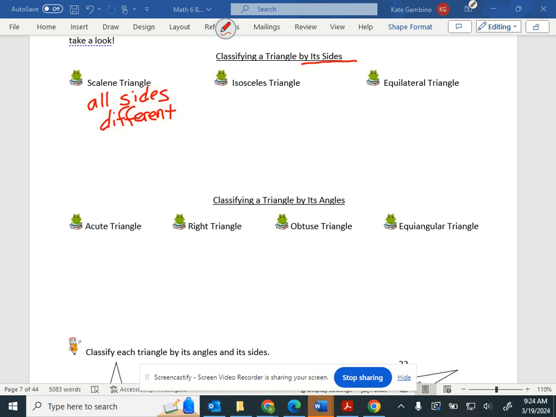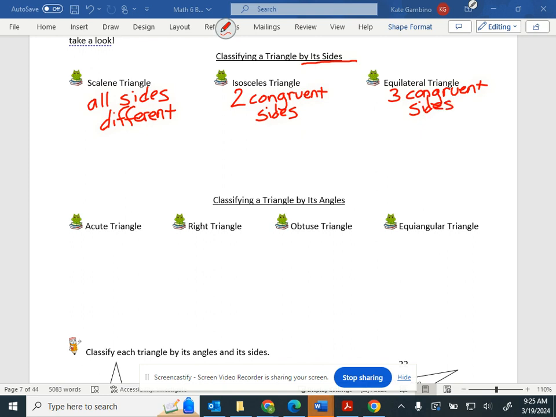Layla? Say it louder. Two congruent sides. And if it's equilateral, what does that mean, Marina? Three congruent sides. All the sides are the exact same, three congruent sides.